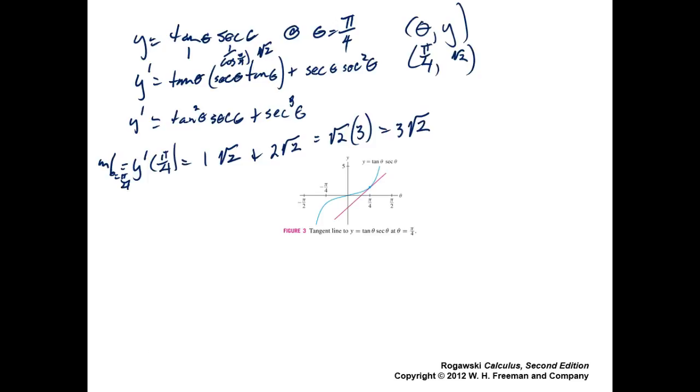Can you come up with a tangent line? Would you put it in point slope? Absolutely. You've got a point and slope, that'll work.